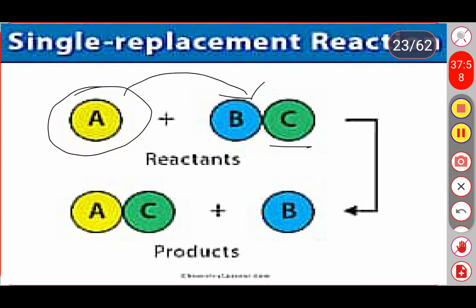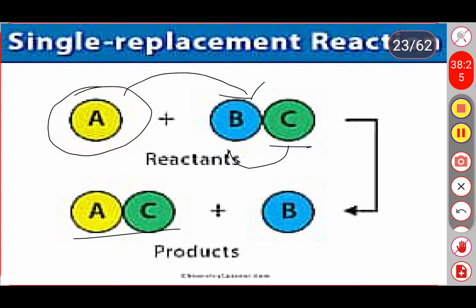In a single displacement reaction, a reaction in which an atom or group of atoms present in the molecule is displaced by another atom is called a single displacement reaction. So how will the elements be displaced, on what condition do we need to apply this?